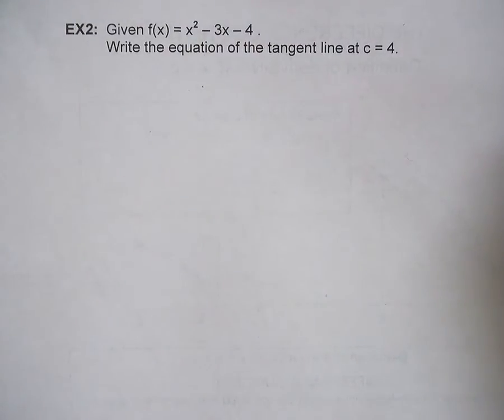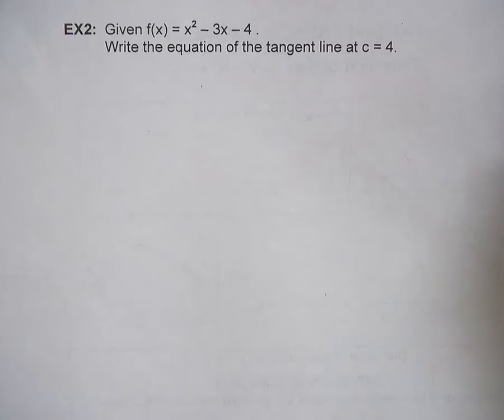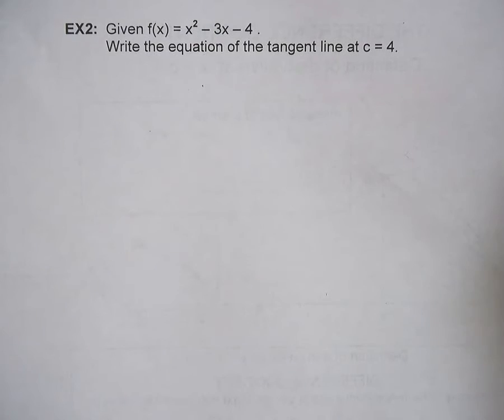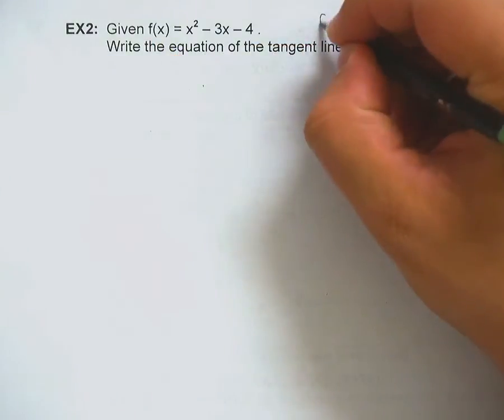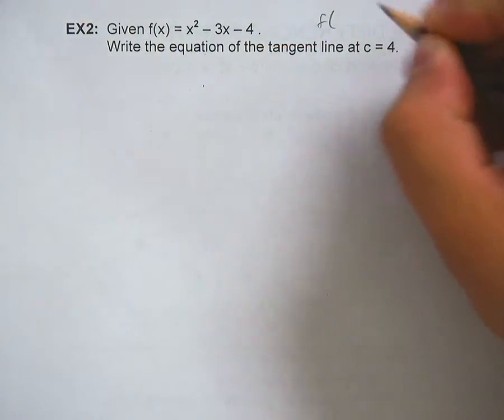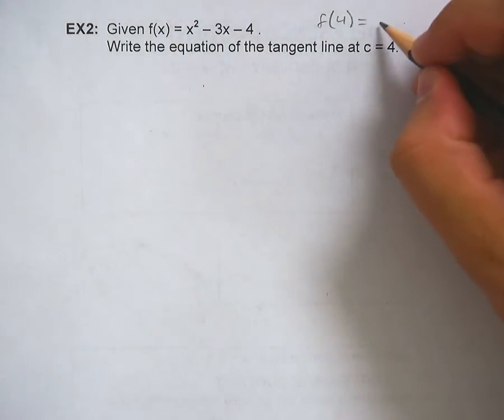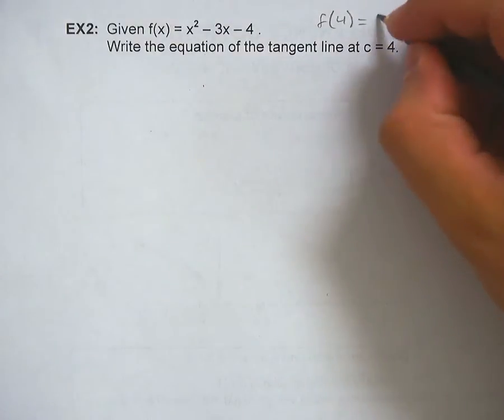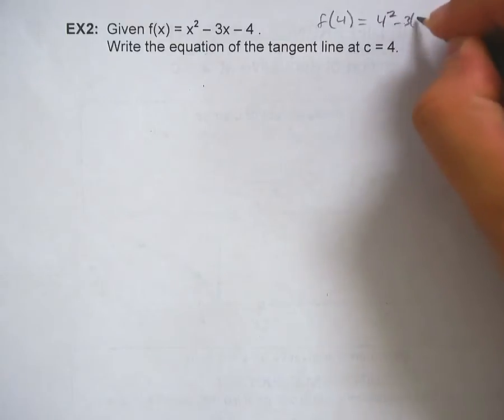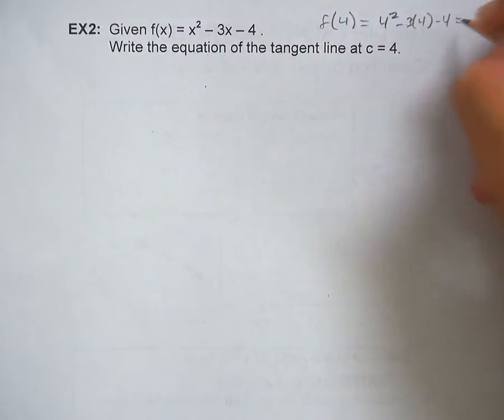X squared minus 3x minus 4. It says write the equation of the tangent line at c equals 4. Okay, so first off, my f of x is given to me. I need to find f of 4, f of c. So that's 4 squared minus 3 times 4 minus 4.